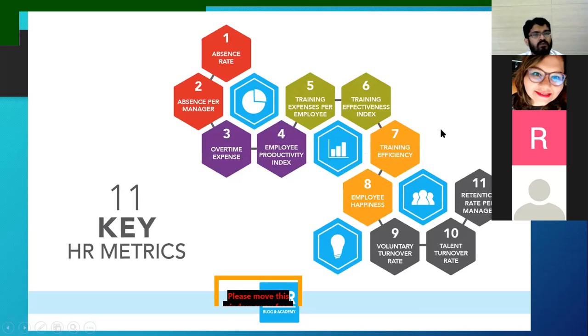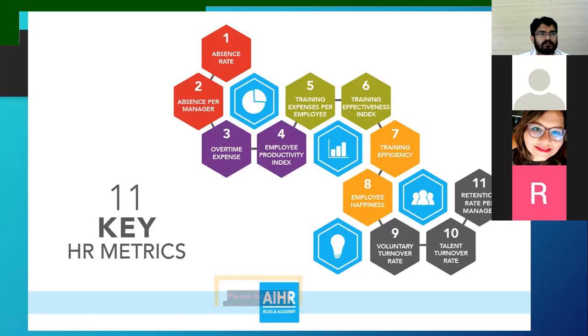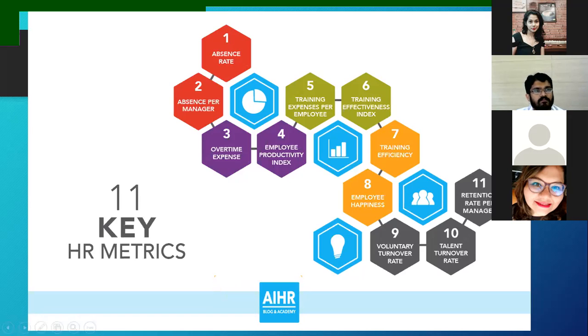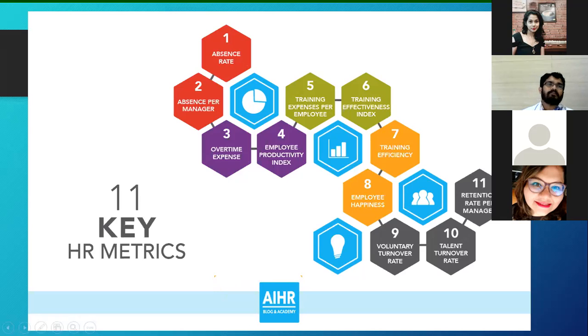Can somebody tell me the difference between effectiveness and efficiency? Efficiency is basically doing the tasks by utilizing as few resources as possible, without much wastage of resources. That means doing things in the right way, right?